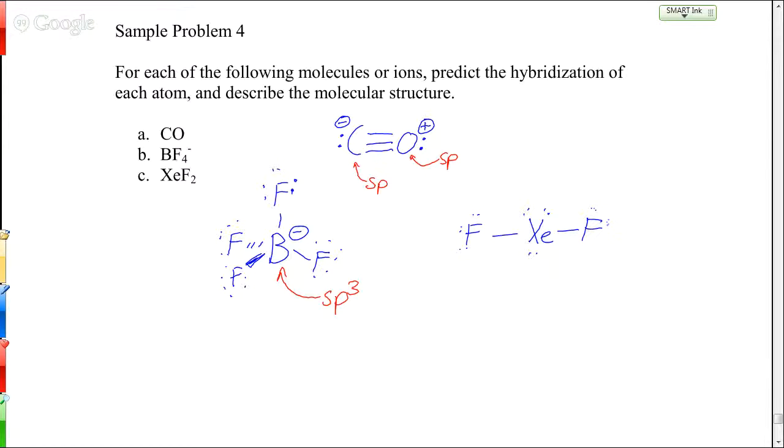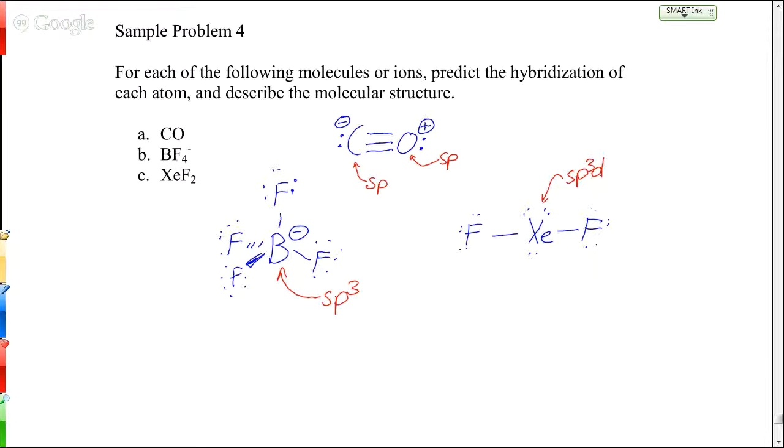Like this? Yeah. Okay. So then we've got 5 groups around the xenon, which tells us the electron geometry is trigonal bipyramidal, and therefore the xenon must be sp3d hybridized.